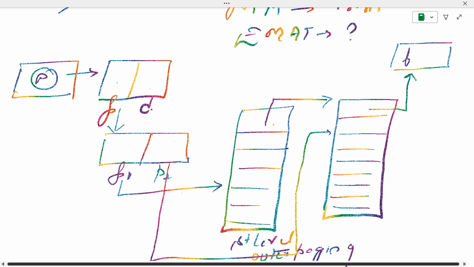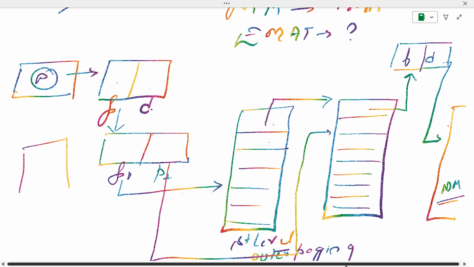So here we are getting the frame number and page offset, and from here we can access the main memory to fetch the particular page, right? So in the normal case it requires m plus m plus m, 3m time, but let's say we have introduced a TLB here.